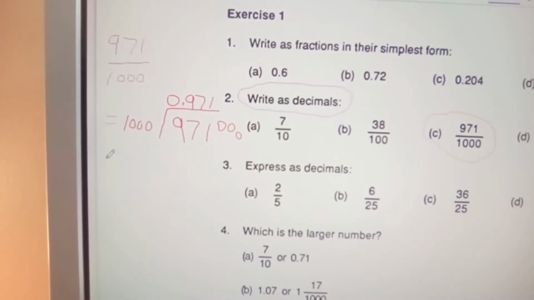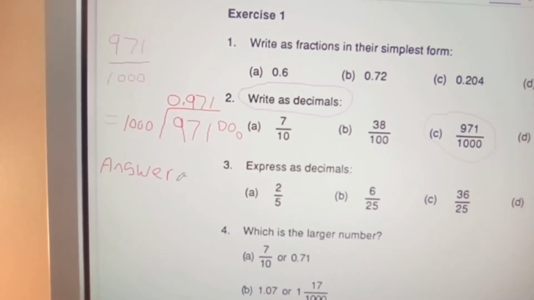So the answer here, after we've done all our working out, equals 0.971.